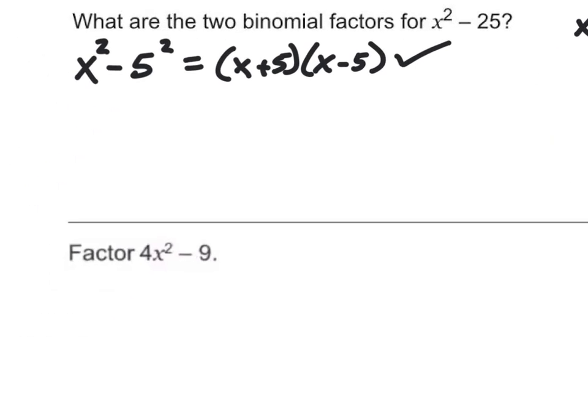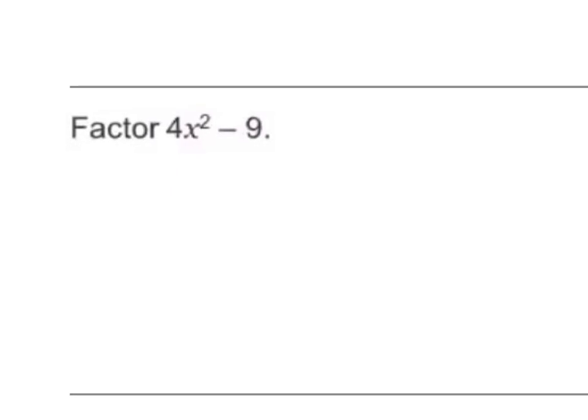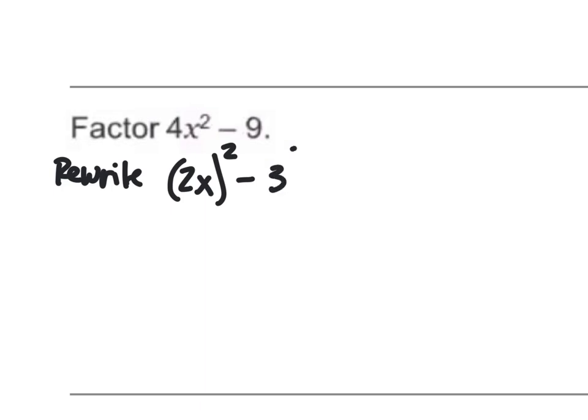But what if you have something like this? What if you've got something like 4x squared minus 9? Now, here's the problem: you have this leading coefficient of 4 out here. Let me rewrite this. What if I wrote this as the quantity 2x, quantity squared, minus 3 squared?